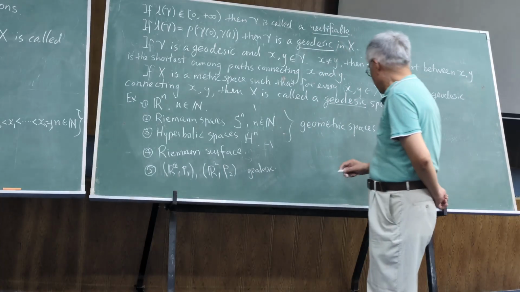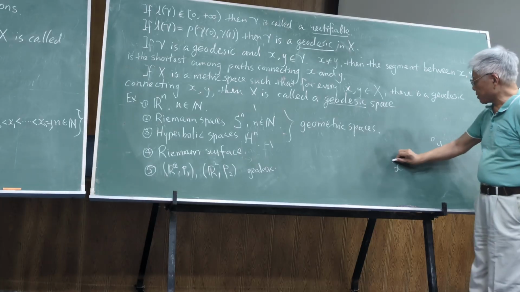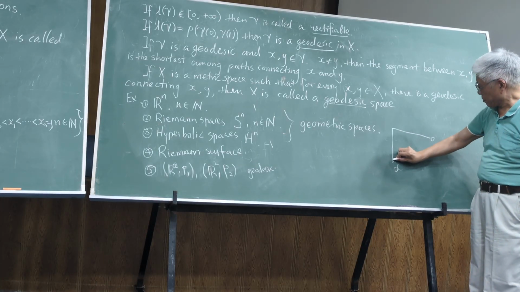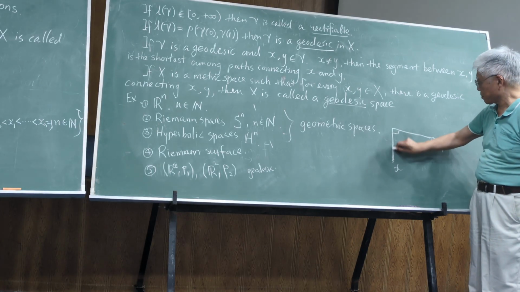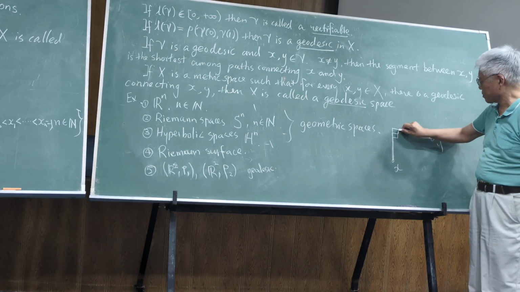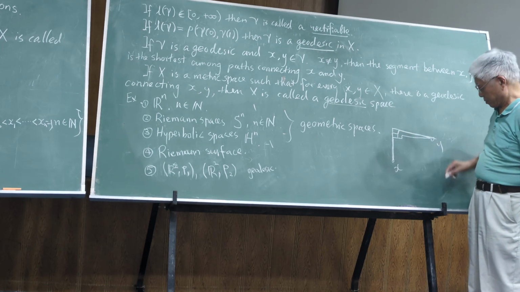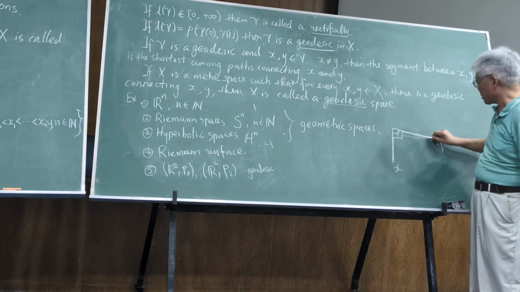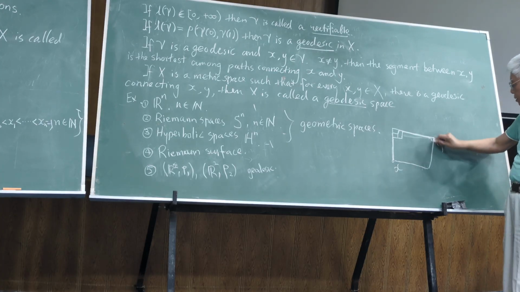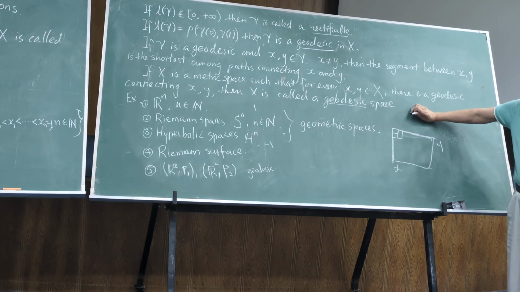Between every two points x, y, until you get to this one. Yes, these are all distances. So these are all geodesics, shortest paths. Yeah, geodesics according to our definition.